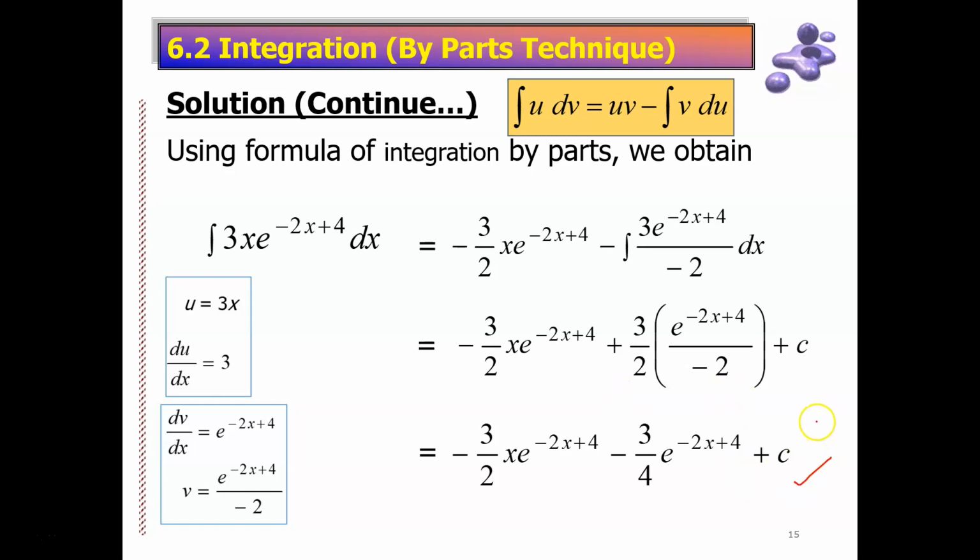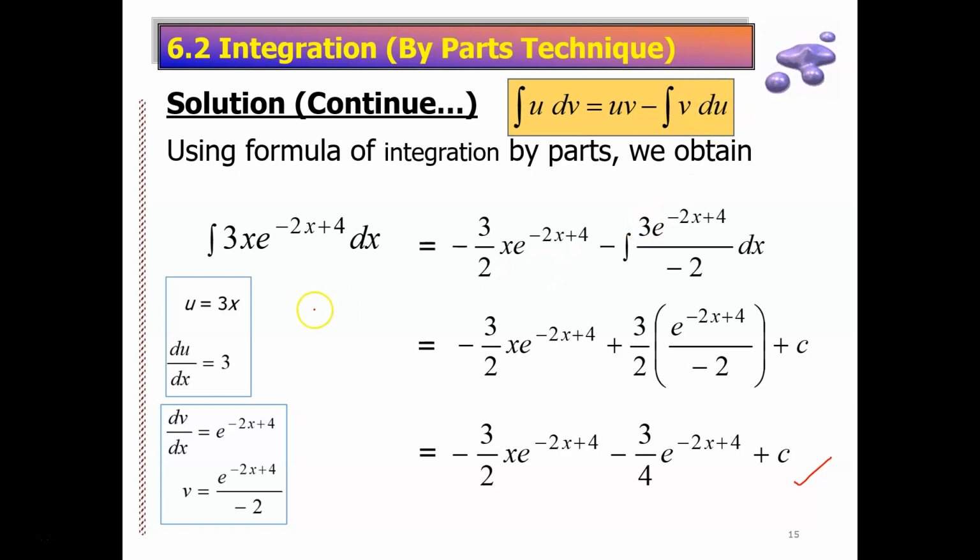This is the integration by parts technique. I understand this one is a bit harder than the substitution method, the first one, because in substitution you only have u and du. But in here you have four things to find: what is your u, what is your dv, what is your v, what is your du.